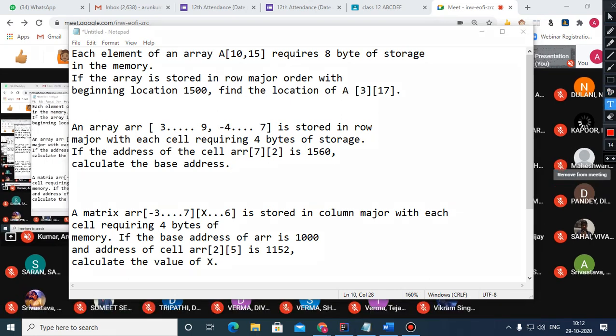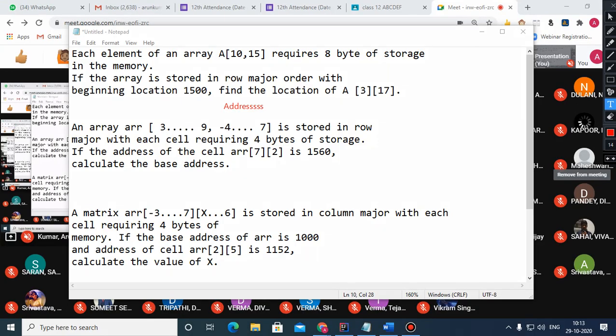Children, if you remember, the formula says that the address of A[i][j] is equal to base address plus word length times, and since it is row major, the number of columns will be involved, (I minus LR) plus (J minus LC).